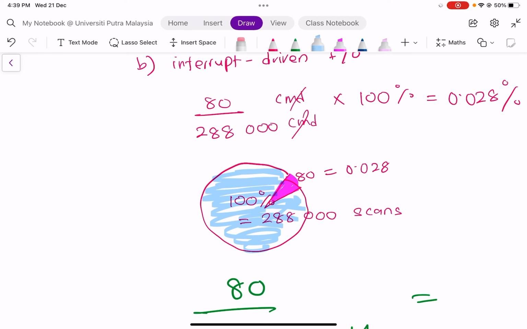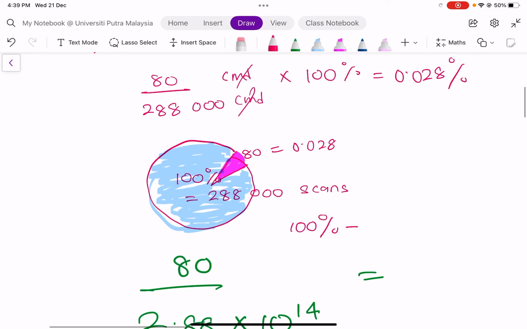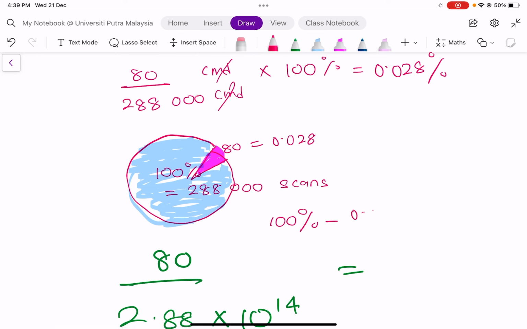So I am reducing the utilization compared to the programmed I/O because I am only using the purple part. Therefore, from the 100%, I would subtract the utilization of interrupt-driven I/O, which is 0.028%.